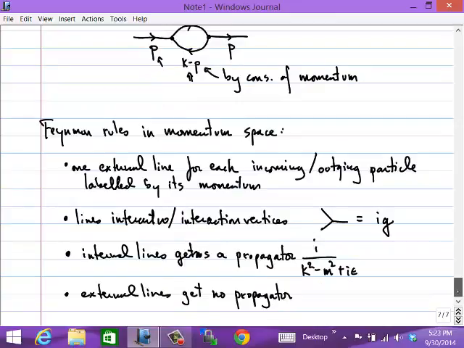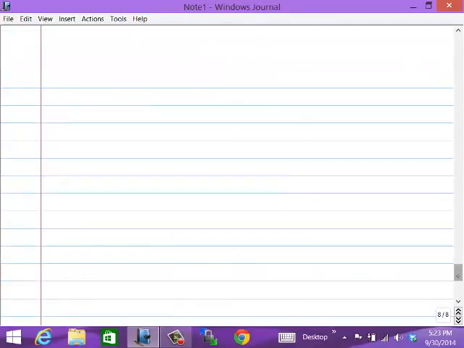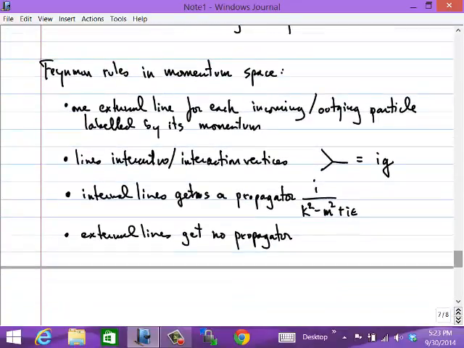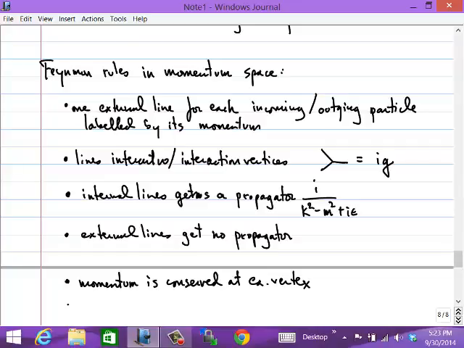So the internal lines get a propagator, the external lines get no propagator, and the important rule is that momentum is conserved at each vertex, and undetermined momenta, those that are not determined by momentum conservation, are integrated over.